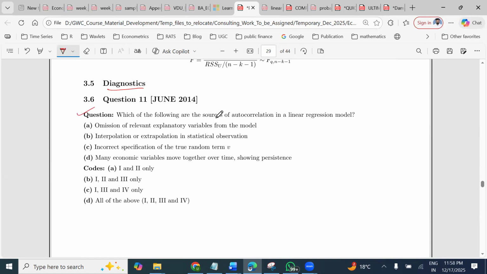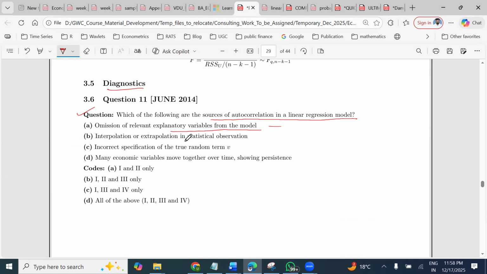Which of the following are the sources of autocorrelation in a linear regression model? First of all, what I told you regarding autocorrelation, although we have not studied it in detail theoretically, is that you find the autocorrelation problem in time series data, right? Now let us see. Omission of relevant explanatory variable from the model. Obviously, in this case, it will not be there.